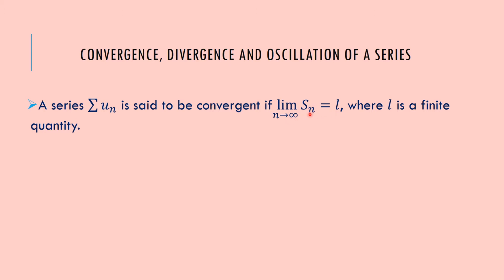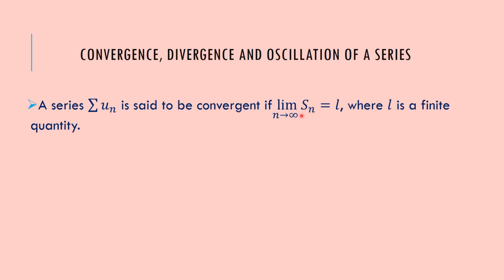Just now we defined Sn as u1 plus u2 plus etc. un, the sum of the first n terms of the given sequence. So if limit n tends to infinity, Sn is equal to L, where L is a finite quantity, then we say that the given series sigma un is convergent.